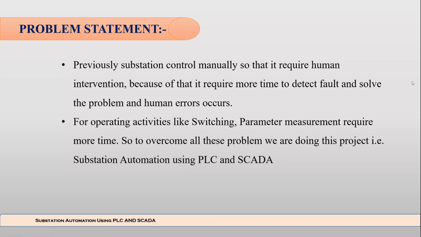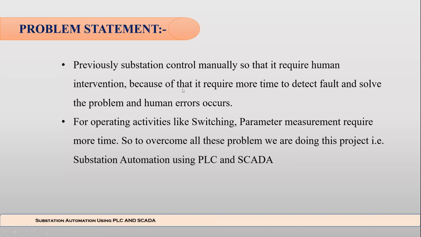In the problem statement, for reducing operational and maintenance costs, we automate the substation, and for increasing the performance of the plant and improving the efficiency of operations, we automate the substation.